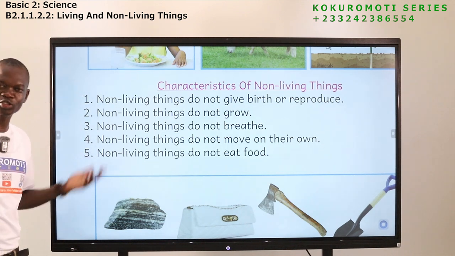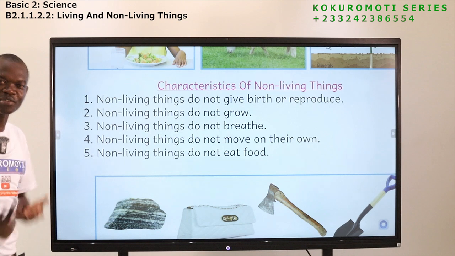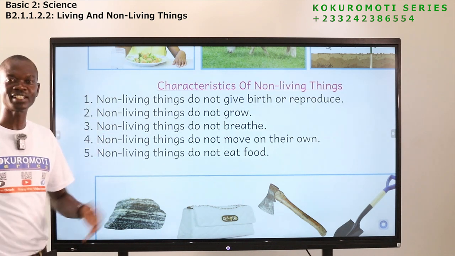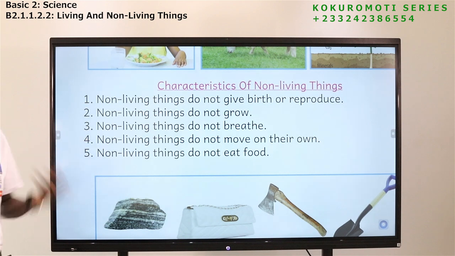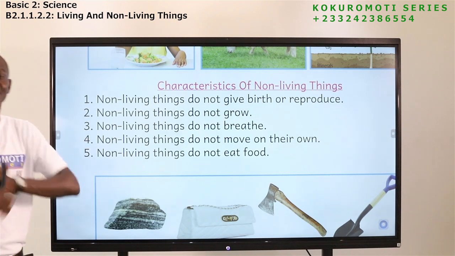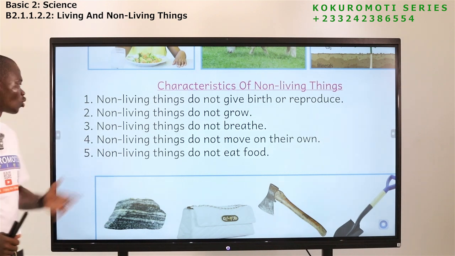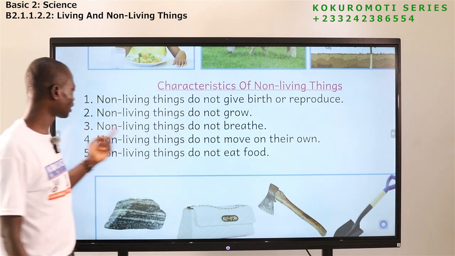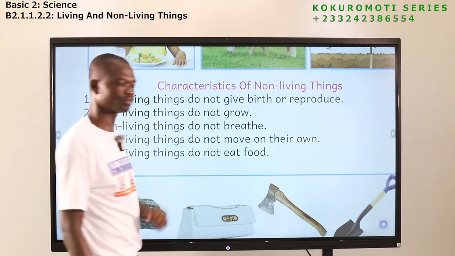Plants grow, animals grow. But the things that we have, they don't grow. Your house, the same size. Your bed, the same size. It has not increased in size. It has not increased in height. So non-living things do not grow.